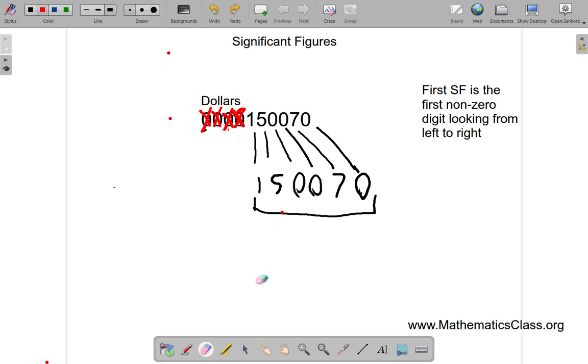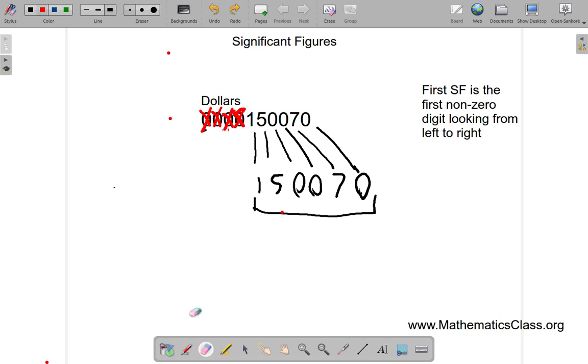Now, is your money the same? $150,070? Yes, it is. So these zeros are not significant figures, right? We can do without them. They have no meaning. You erase them and your money still remains untouched.